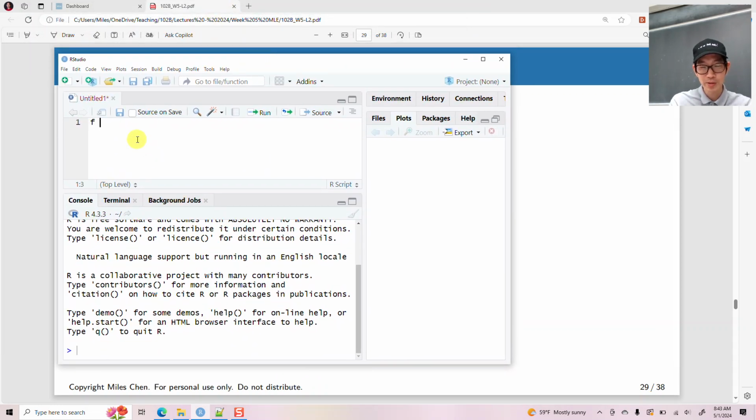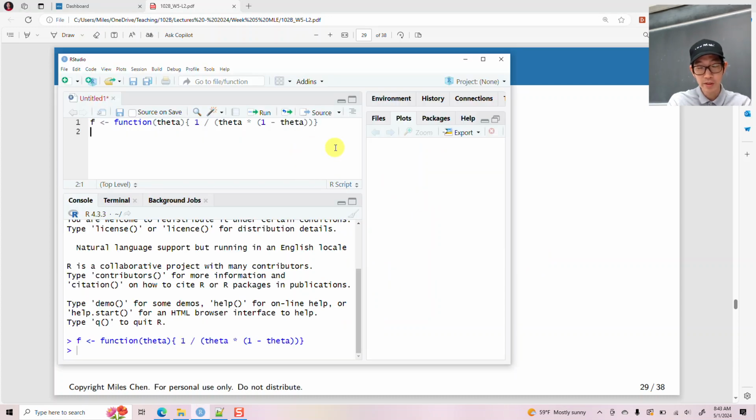All right. So let me just do f is going to be a function of theta, and it is 1 divided by, what did I write? Theta times 1 minus theta. Do I have that right? Okay. So we'll do that, and then theta will be a sequence from 0.0001 to 0.9999 by 0.0001.